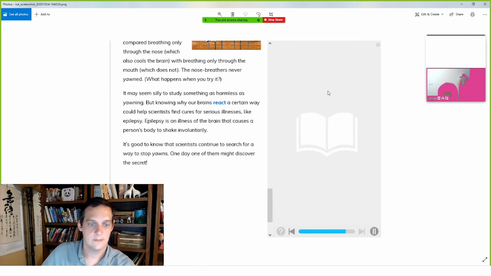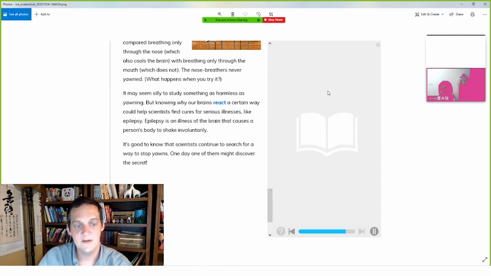Epilepsy is an illness of the brain that causes a person's body to shake involuntarily. It's good to know that scientists continue to search for a way to stop yawns. One day, one of them might discover the secret.